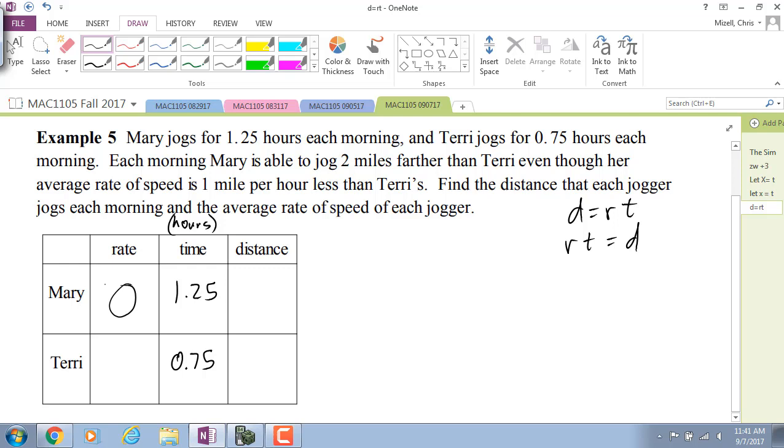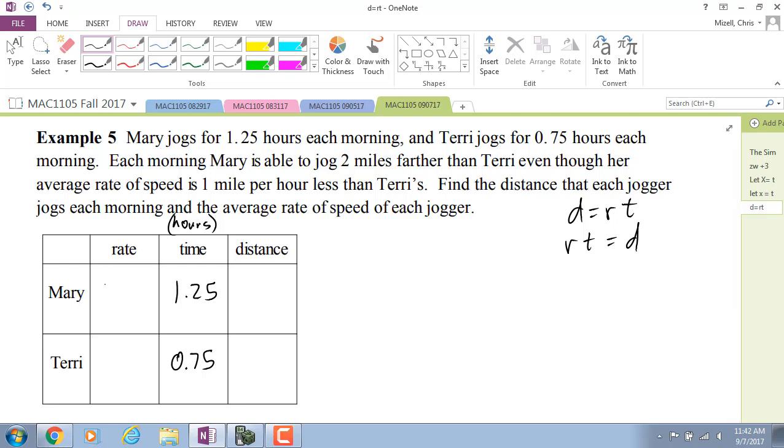Rate equals distance divided by time. It's just we'd have a 1.25 in the denominator. It wouldn't be pretty, but it would still be a linear equation, so I suppose it would be all right. I'm going to suggest that we let R be somebody's rate.